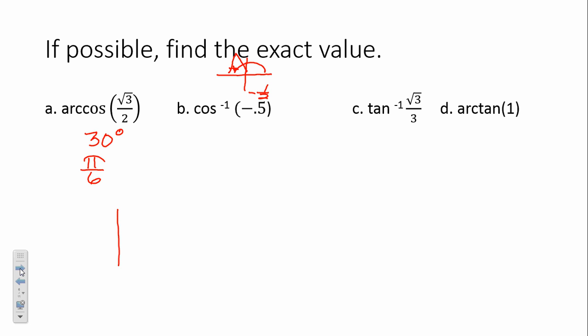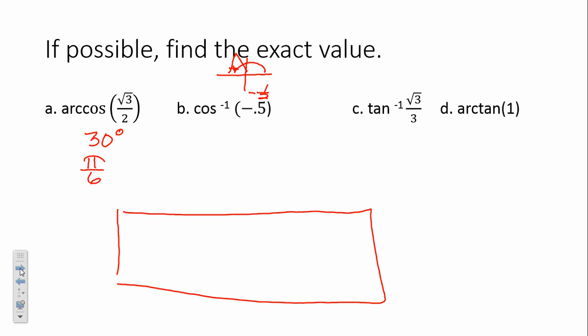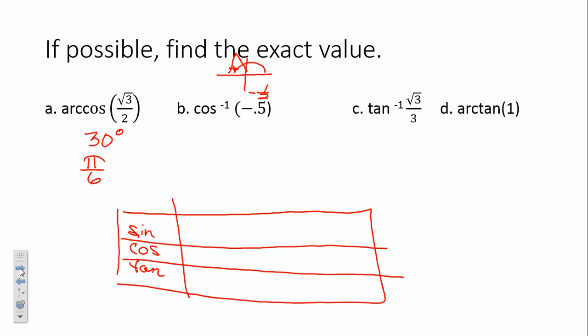So back to our table. We had sine, cosine, tangent, and there are some values that we're supposed to memorize, for 30, which is pi over 6, 45, which is pi over 4, and 60, which is pi over 3.